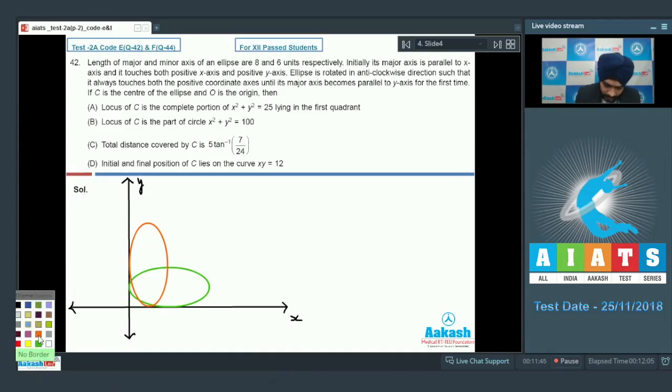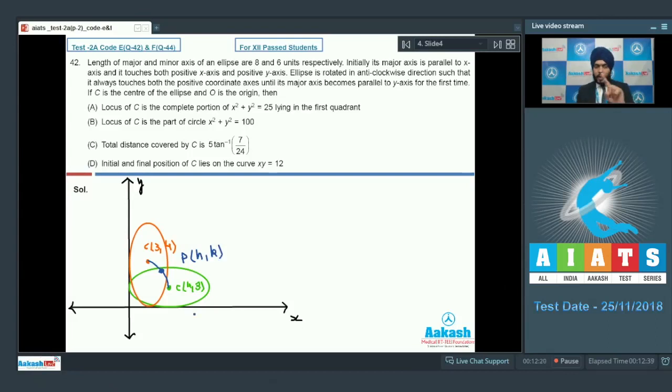Initially the center C is (4, 3), finally the center is (3, 4). Students, the question needs the equation of this particular curve. So let us take a random point P(h, k) on this particular curve. It is a very small arc.